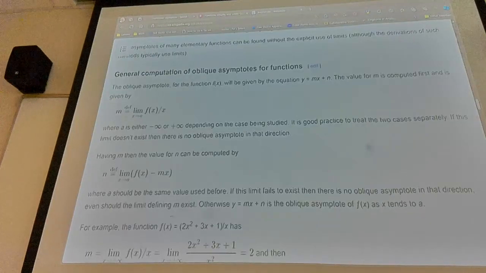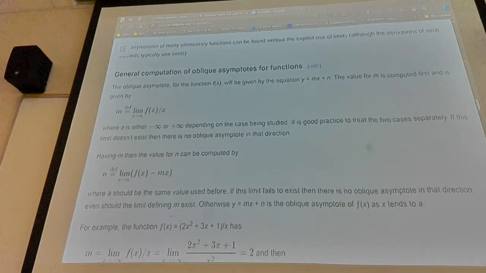When you calculated oblique asymptotes in pre-calc, do you remember how you did that? Specifically, it was for rational functions, even though you don't necessarily have to have a rational.